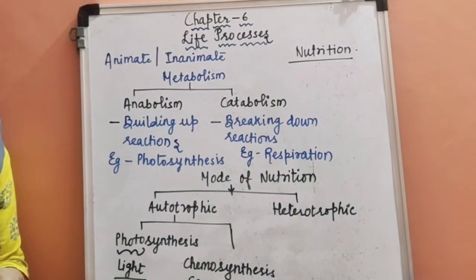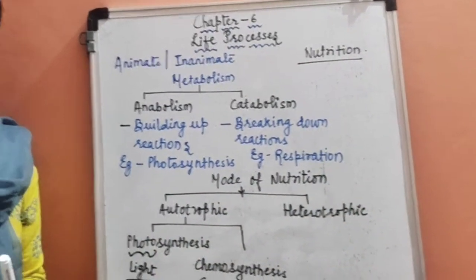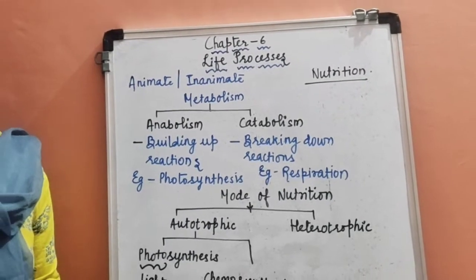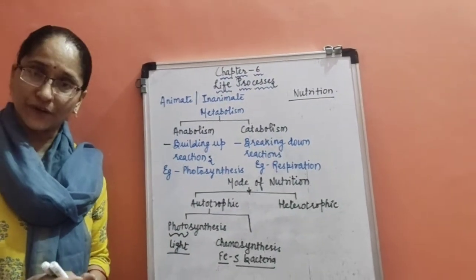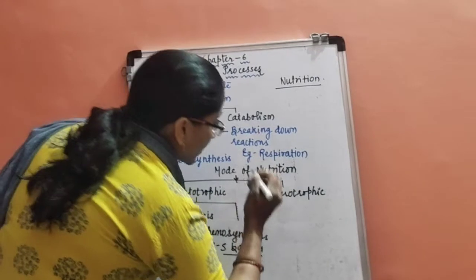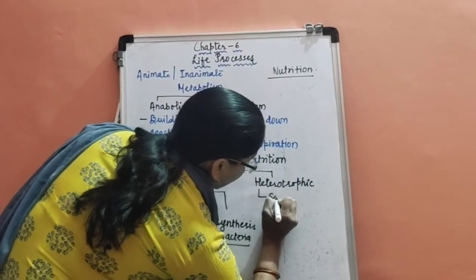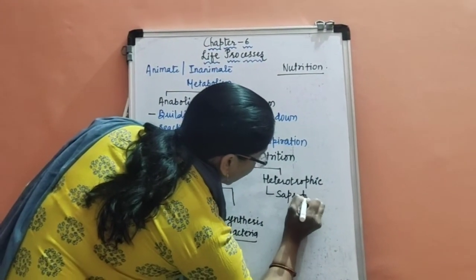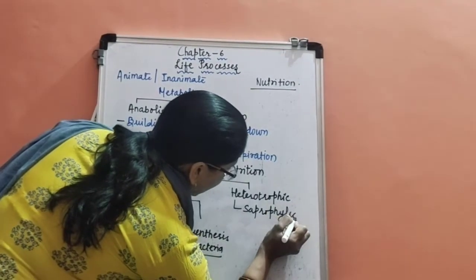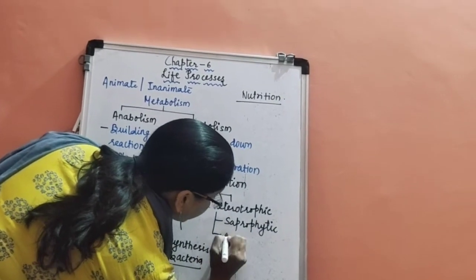Heterotrophic nutrition can be further subdivided into saprophytic, holozoic and parasitic modes of nutrition. The saprophytic mode is exhibited by fungi which feed on dead and decaying organic matter.